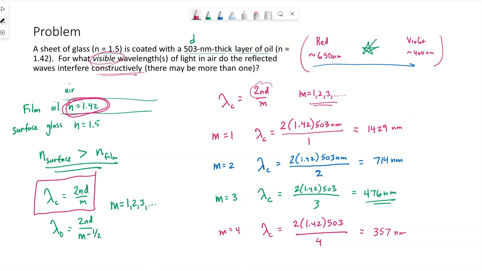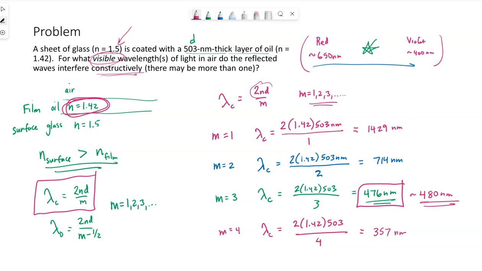So in this particular case, it is this one. So approximately 480 nanometers if we're going with the 2 sig figs on the n of glass. This is what constructively interferes. Only one wavelength in this particular case would constructively interfere.